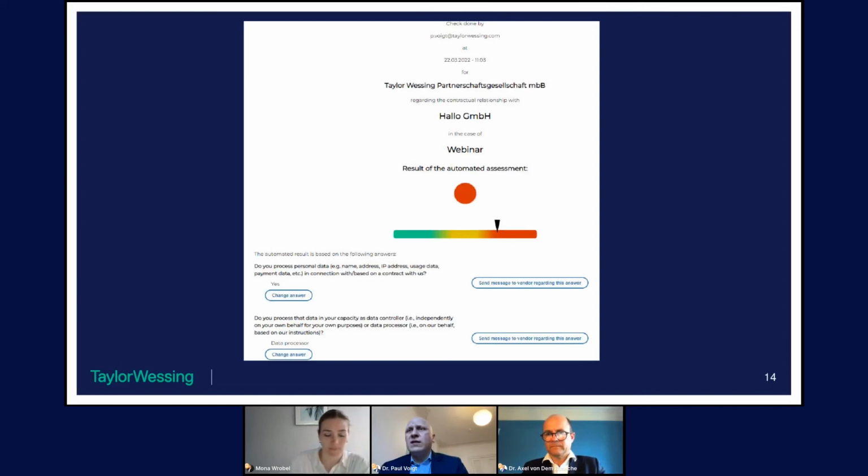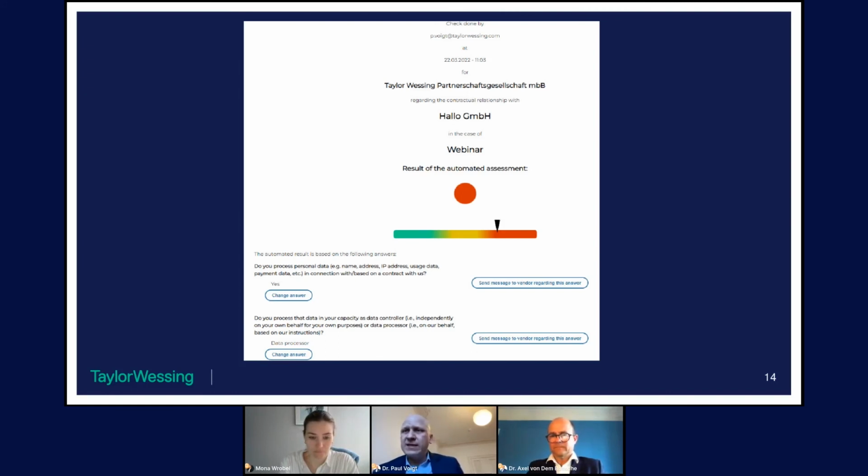Once the vendor has completed the entire questionnaire, the tool will automatically give you a pre-result and will tell you, for example, in this example, this is a high risk, but it's borderline medium risk because, I don't know, it was US and FISA 702 applies, but some security measures have been taken, but not sufficient. And you have this pre-result, and you see all the answers that have been provided, and you can follow up.